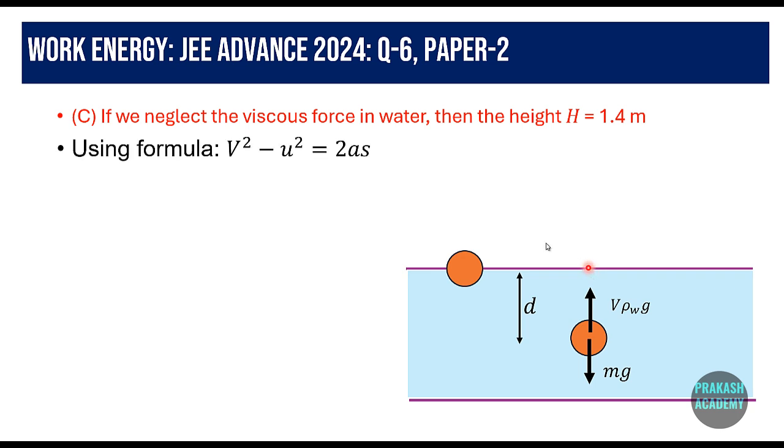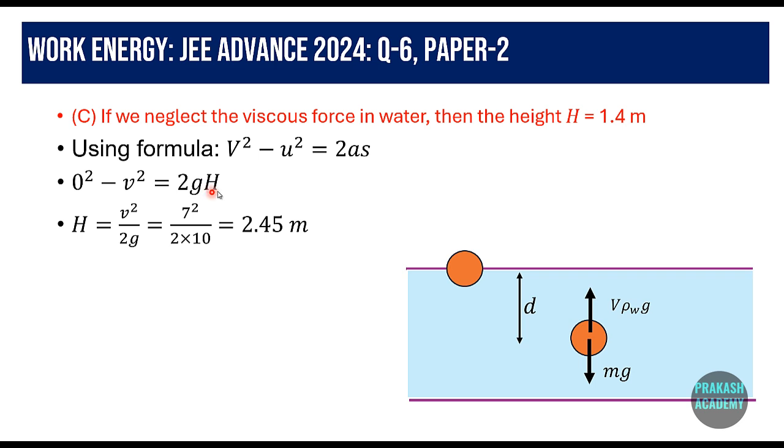So now I can use the kinematic formula, v squared minus u squared equals 2as. Final velocity will be 0, initial velocity is given, that is 7 meters per second, and g is also given. Then we have to find h.